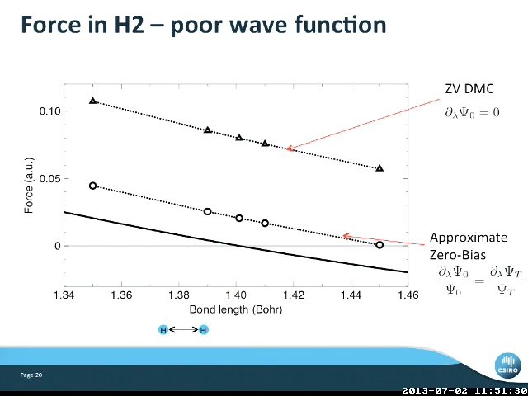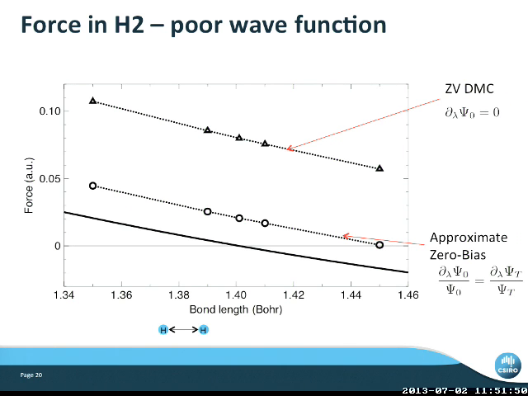So here's the force in H2, which of course we should be able to do exactly because it's nodeless. The thick black line down here is the derivative of a Morse potential fit to the DMC energies. So do the energies, fit the curve, differentiate it.